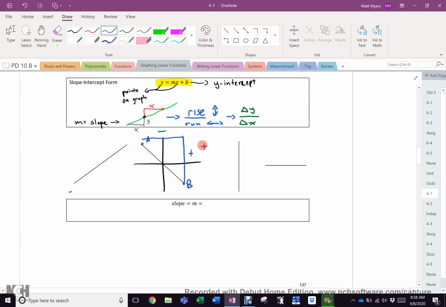So I have a positive rise divided by a negative run. The signs are different. It's going to be negative. Okay, Myers, what if I go the other way? Same thing. That would be a negative rise divided by a positive run, which would still get me a negative number.